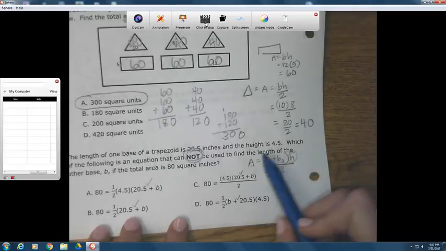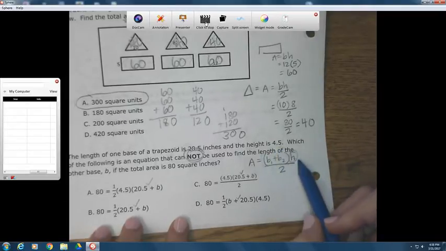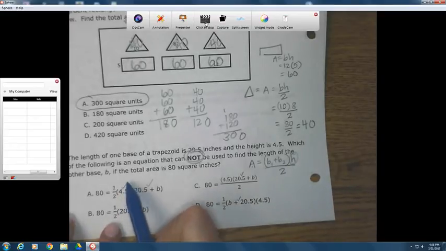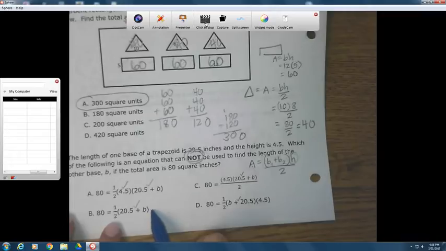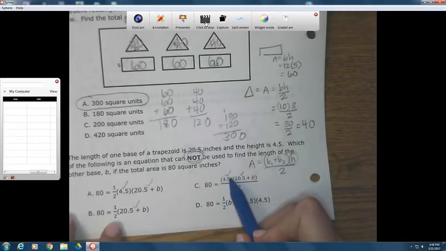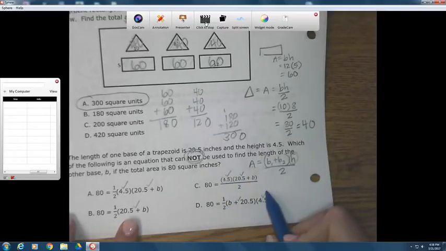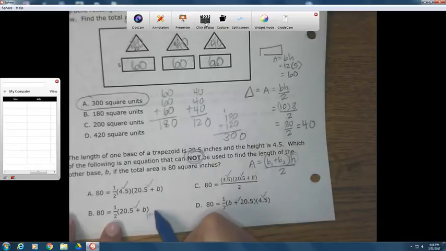It says the height is 4.5, so I'm looking for a multiplication of 4.5. Here's my height, 4.5. Doesn't look like there's a height here. Up here we have a 4.5, and we're multiplying. And then here we have a 4.5. So this one is missing the height.